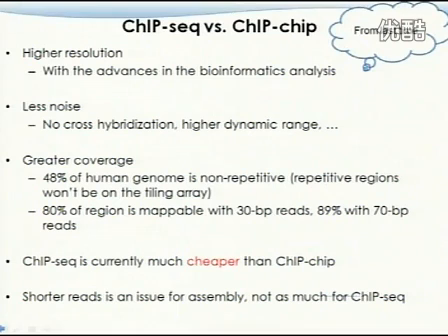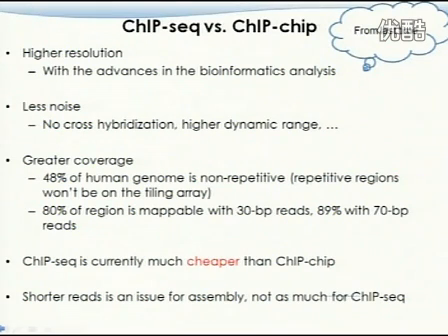But with ChIP-seq technology, 80% of regions are mappable with 30 base pair reads, and 89% with 70 base pair reads. The reason is that some of the repetitive regions are connected to, or are borders of, non-repetitive regions. So if a read crosses that border, the non-repetitive region helps you identify where it is. So even though they won't be put on the tiling array, they are still sequenced, and you can still map them back.